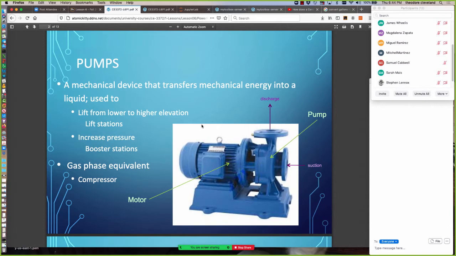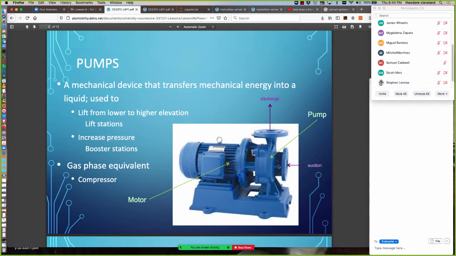So the photograph is some generic pump, and the main components here are the motor, or whatever provides the mechanical energy that the pump housing and the pump inside it impart to the water. In this photograph, there's a flange here to the right. You can see the inlet hole here. This happens to be the suction side.